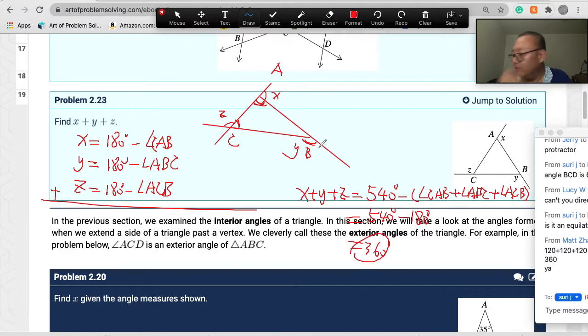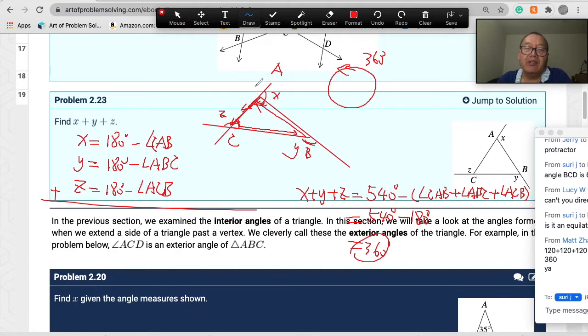If you try to understand why the sum of these three angles equals 360 degrees, you can imagine, suppose you stand on vertex A, start from vertex A, then walk to point C, then walk to B, then return to A. The angles you finish actually make a circle. That's 360 degrees.